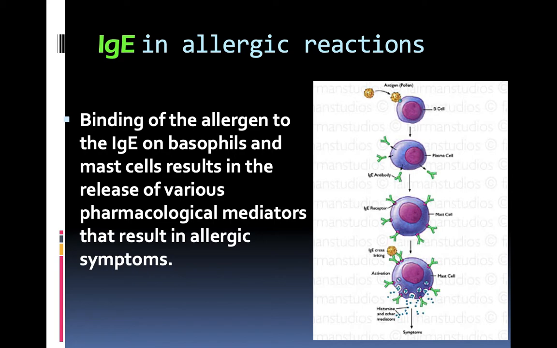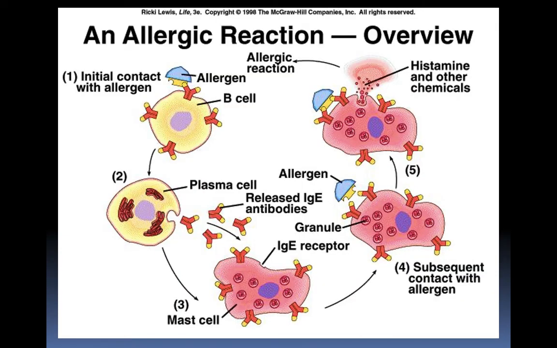Here let's take a look at a quick overview of an allergic reaction and how IgE is involved in it. Okay, so we start with an initial contact with an allergen. Sorry, let me clarify.